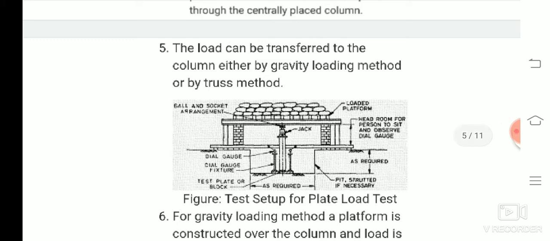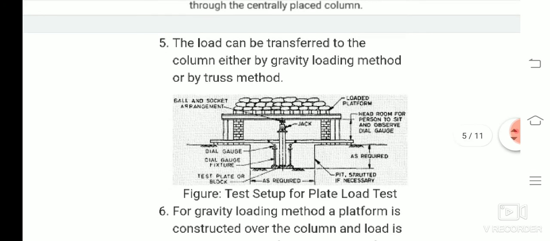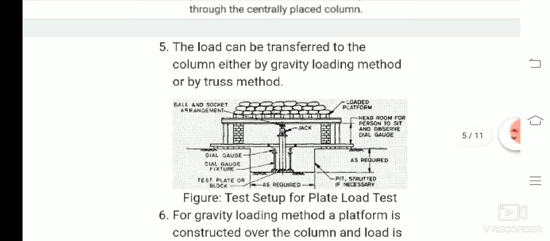Here is the test setup for the plate load test. Here we can see the loading platform, which is attached with a jack and ball and socket arrangement. There we can easily see the dial gauge, the test plate or the block and the pit.